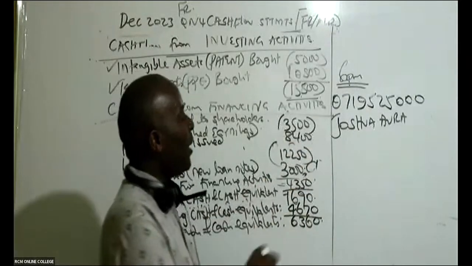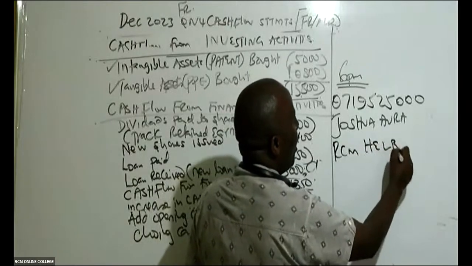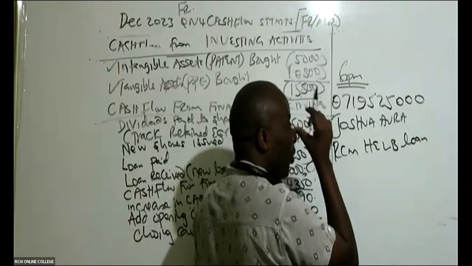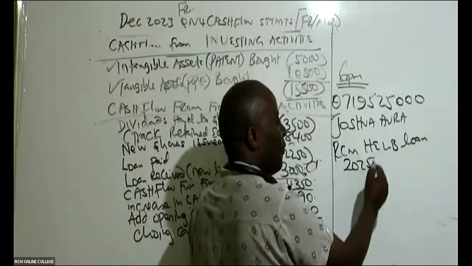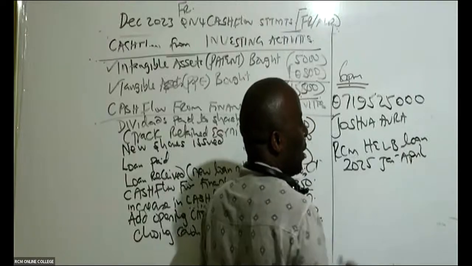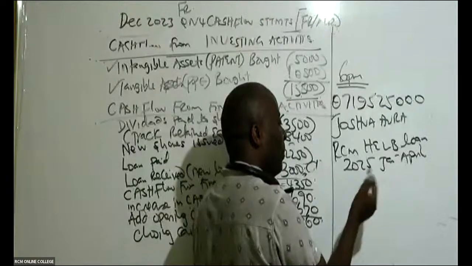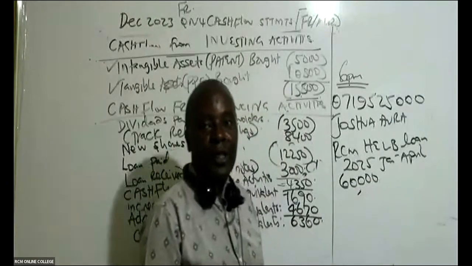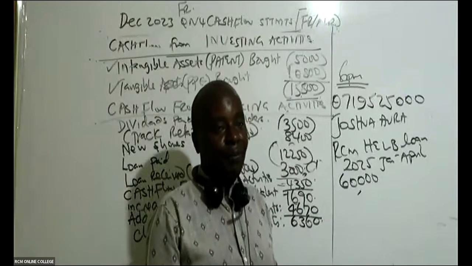Now remember, we are giving what we call RCM HELB loans. Students are applying for HELB loans for next year, that is 2025, first semester, January to April. The students who have applied are mostly getting allocations of 60,000 for RCM fees, 45,000 for others, depending on how you argue out your case.